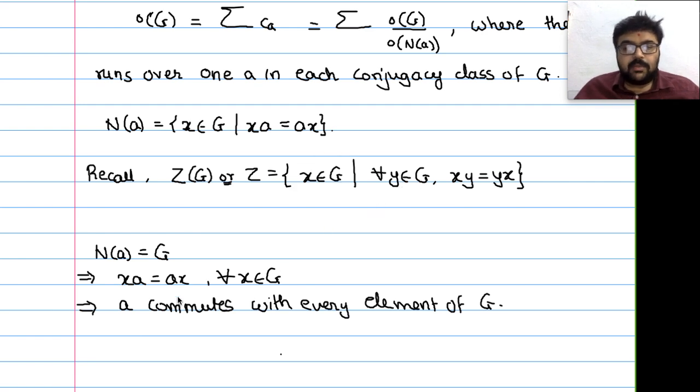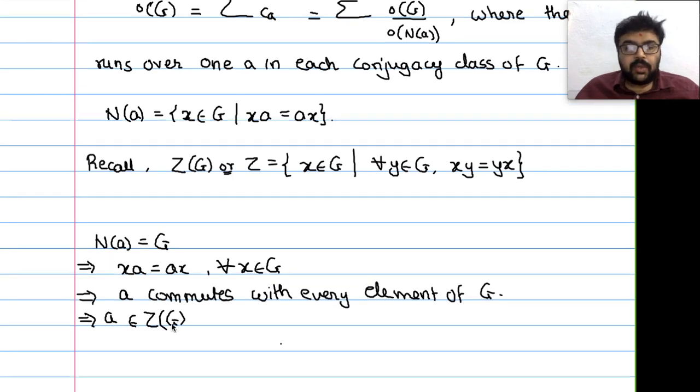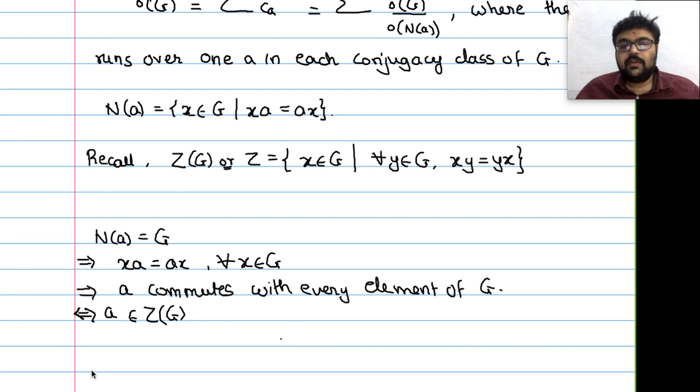So we can say that A belongs to Z(G). And conversely, this is also true. If A belongs to Z(G), then AX equals XA for every X in G. That means A commutes with every element of G, that means every element commutes with A, that means every element belongs to N(A), and therefore N(A) equals G.